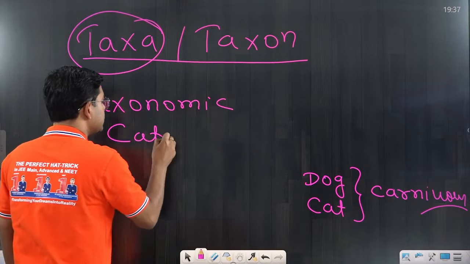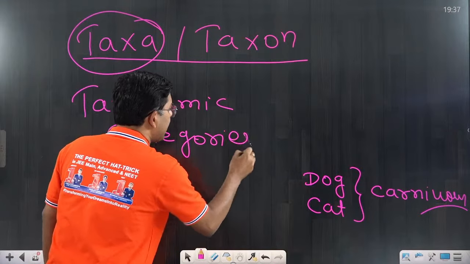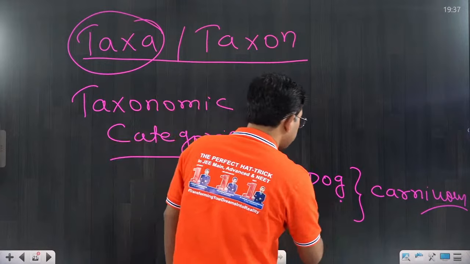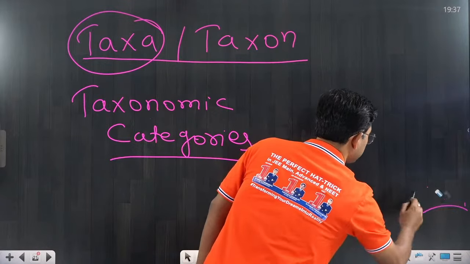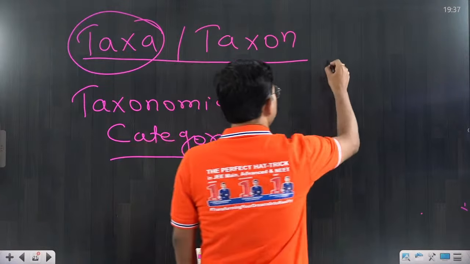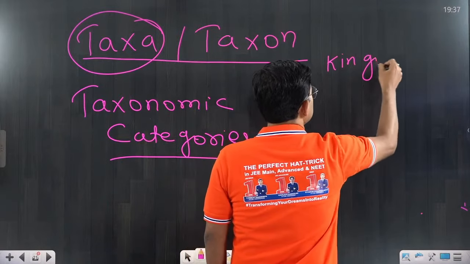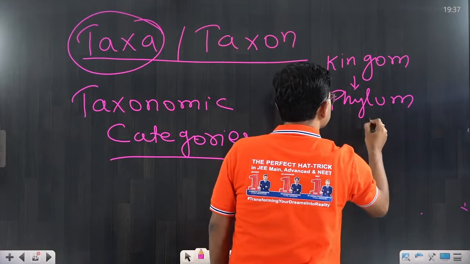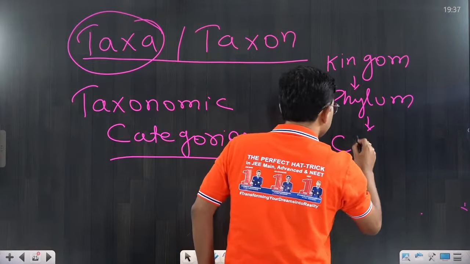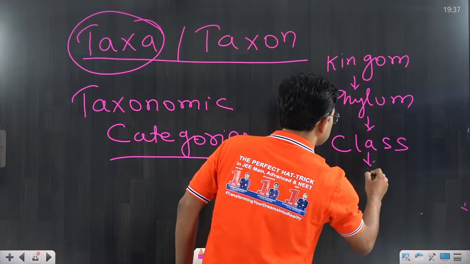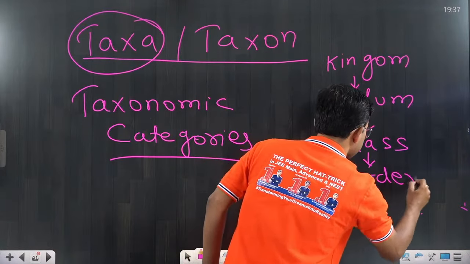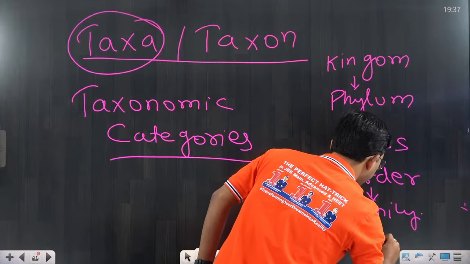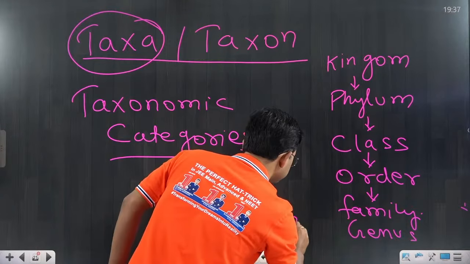Taxonomic categories. So how many total taxonomic categories are there? The total number of taxonomic categories is 7. And what are these? If we start from kingdom, phylum, class, then order, family, genus, and lastly species.